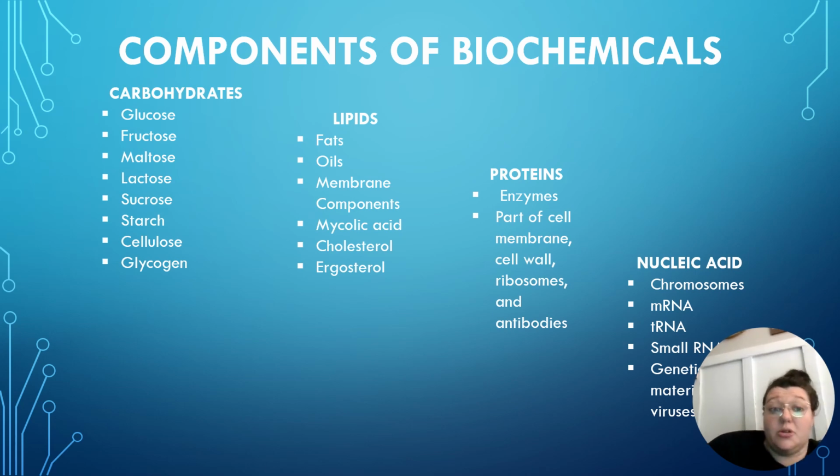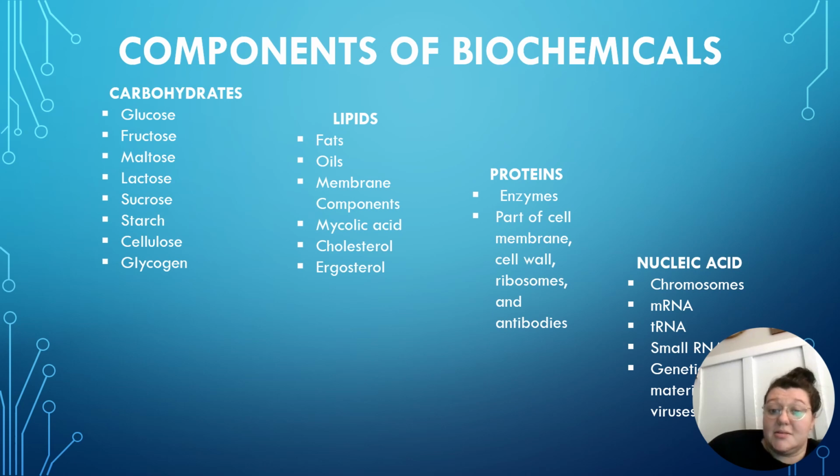Lipids, like we stated before, are fats and oils. Some membrane components, glycolic acid, cholesterol, ergosterol. And then proteins, this is where our enzymes come in and part of the cell membrane, cell wall, ribosomes, and antibodies.